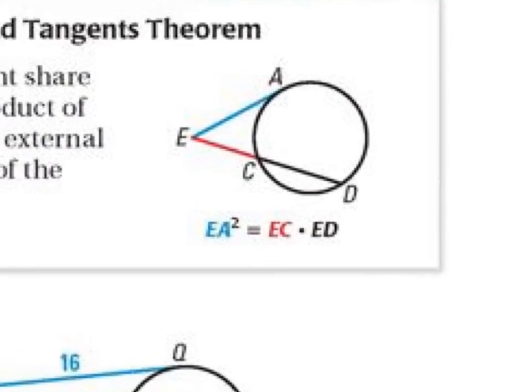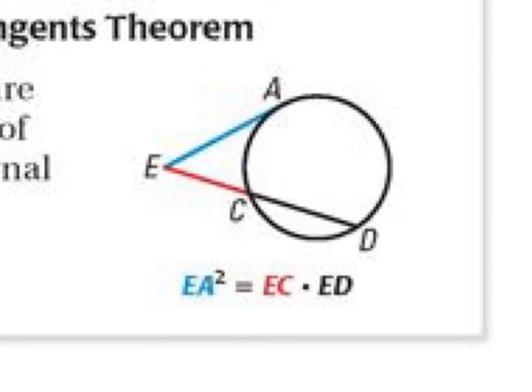So breaking this down a little bit more for you, taking what we did before, the external times the entire thing is now equal to the tangent part squared.